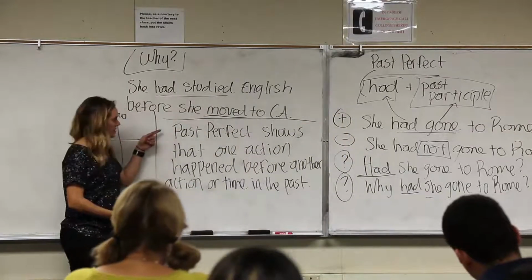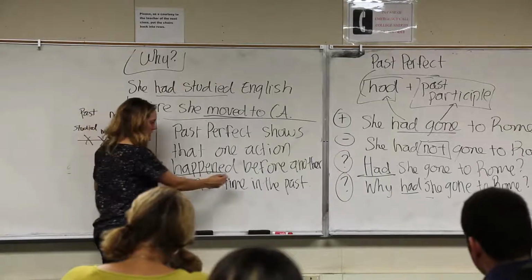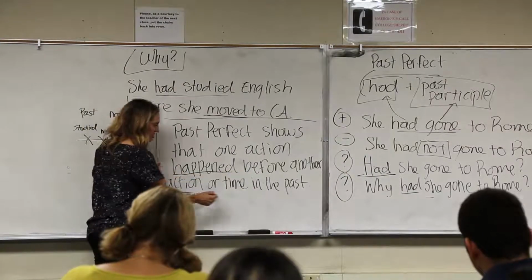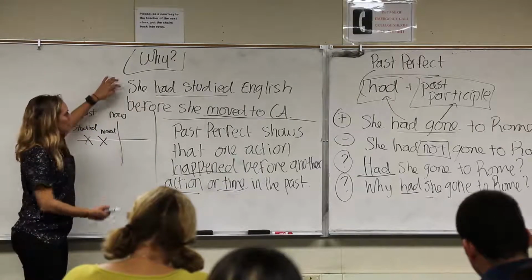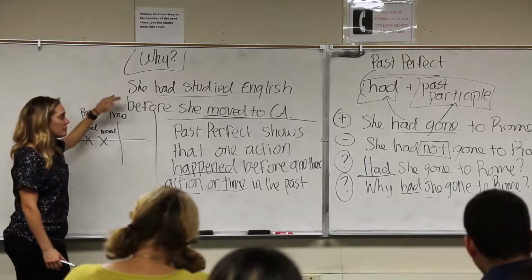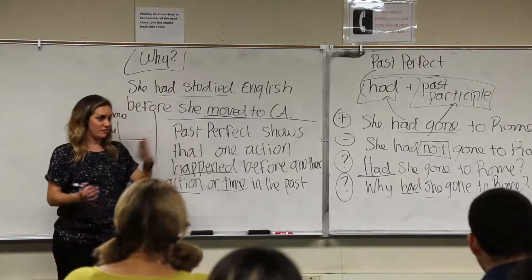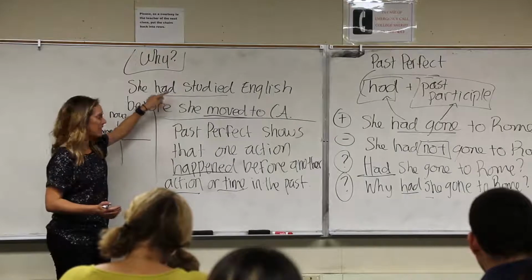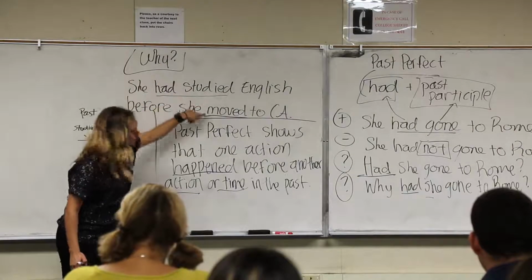Okay? The past perfect shows that one action happened before another action or time. Just like this example: she had studied English before she moved to California. What happened first? This. Okay? So we use the past perfect to show that this happened before this action.